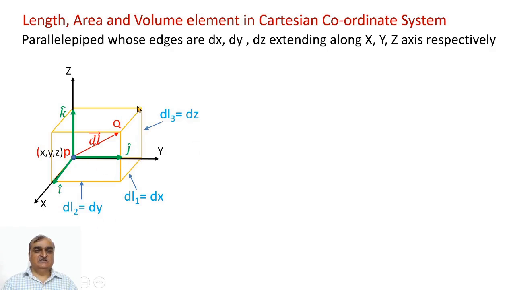And along z-axis, the component dl3 is equal to dz and the direction is given by k cap. Then the length vector dl bar is equal to this, the component of dl bar along x-axis, along y-axis, and along z-axis.